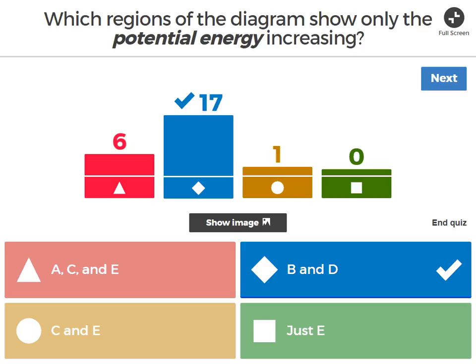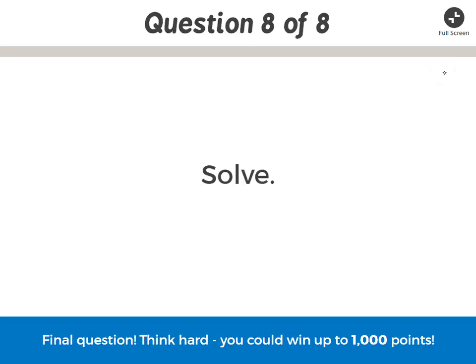Let me give you that as a recap. Temperature and kinetic energy are directly related. So when temperature is changing, that means kinetic energy is also changing. You can't choose the slants. You have to choose the flats. The flats were B and D. Nice, 17 of you. 6 of you, get on our level.